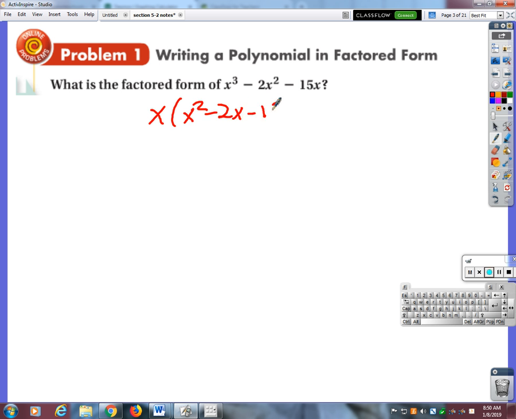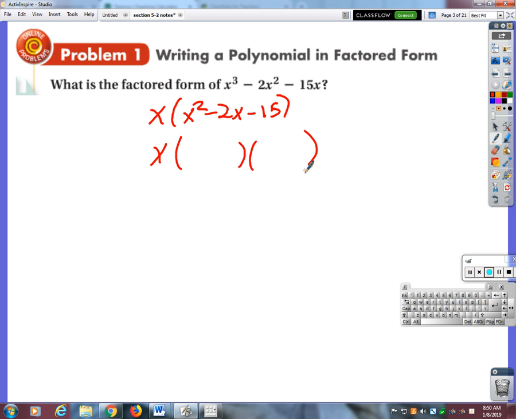Okay, good. So since we already know how to factor quadratics, if we can take a cubic and turn it into a quadratic by factoring out an x, then we are off to a great start. And so that's what Max did. He factored an x out of each one of those terms, left us with x squared minus 2x minus 15. Now we can factor this.